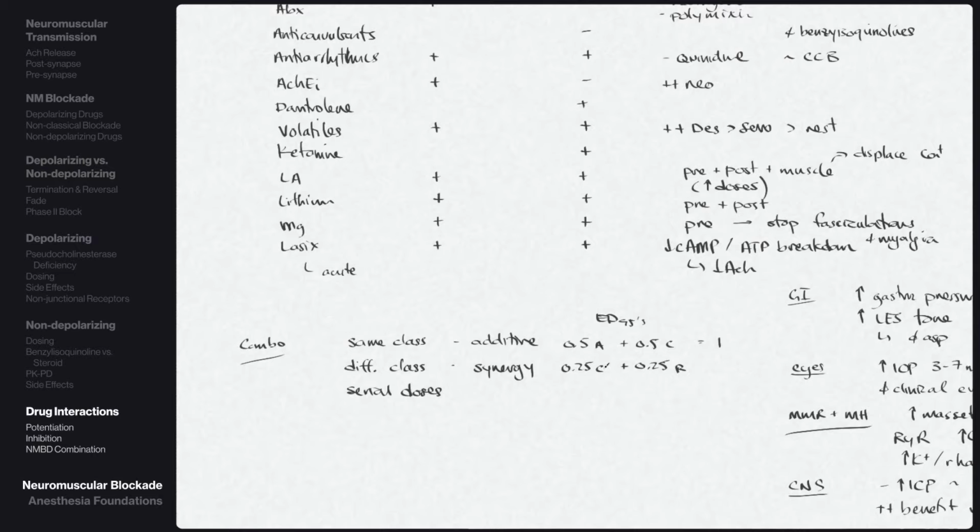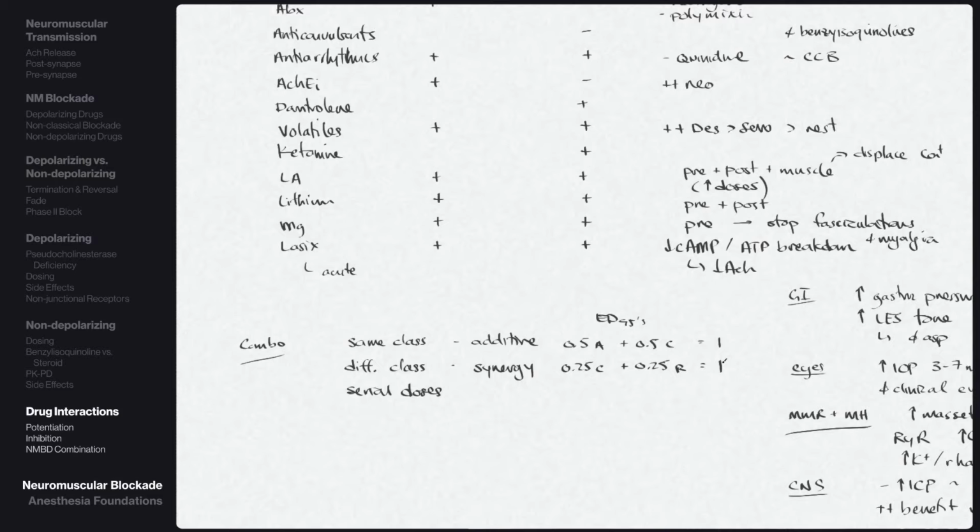Because one is a benzylisoquinoline and the other is a steroid non-depolarizer, even though this would normally add up to 0.5 of an ED95, in this respect it might add up to a full dose of an ED95. And so it's important to recognize when these classes of agents can be additive or synergistic.